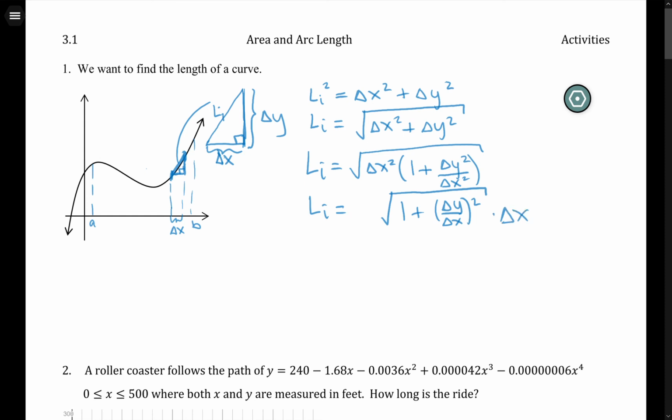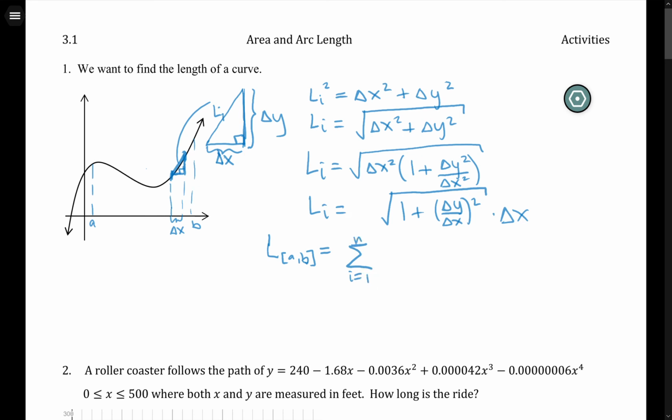So if we want to get the entire length of the curve on AB, we're going to add up all of the L sub i's. And let's just say we did n subintervals, 1 to n.